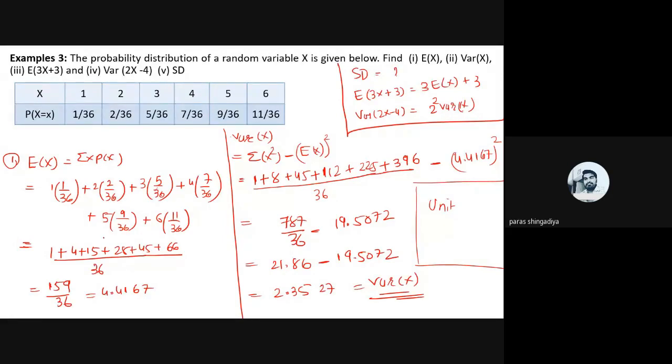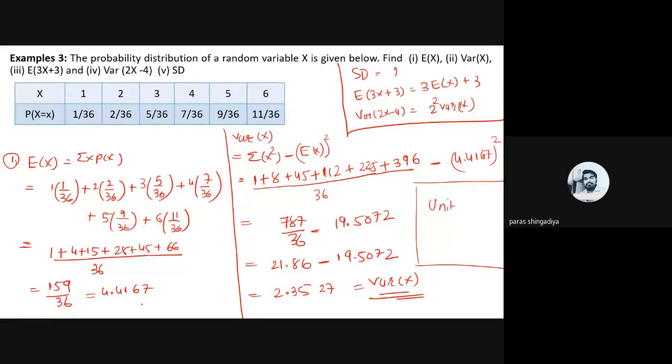But here 36 is considered as the LCM. Multiply 1 with 1, 2 with 2, 3 with 5, 4 with 7, 5 with 9, and 6 with 11. So you will get 1, 4, 15, 28, 45, and 66. Now find the total. The total is 159 by 36.